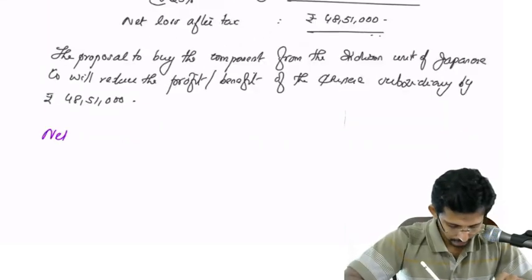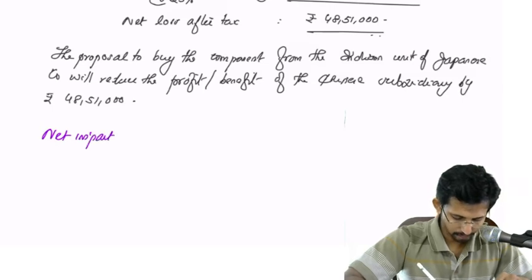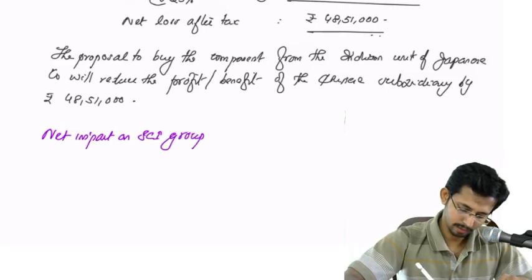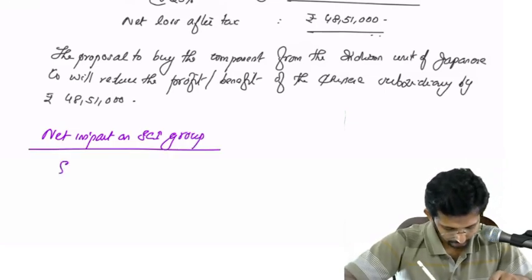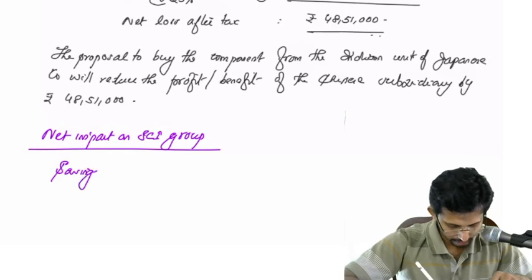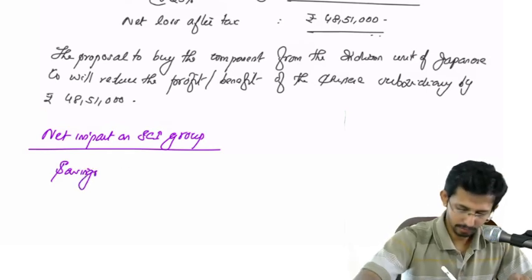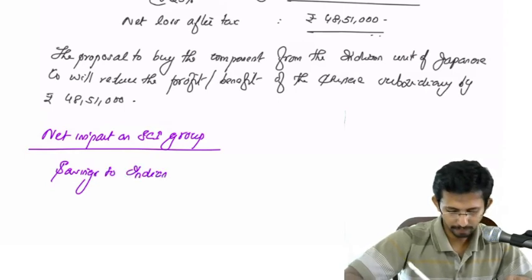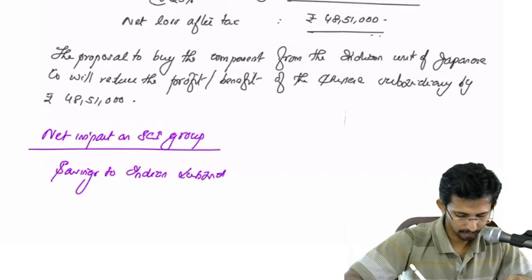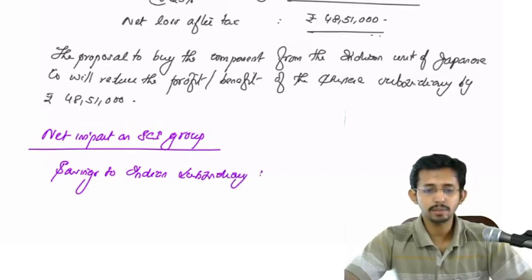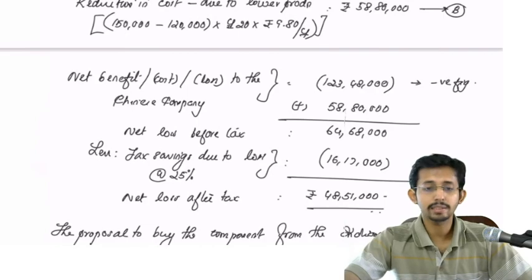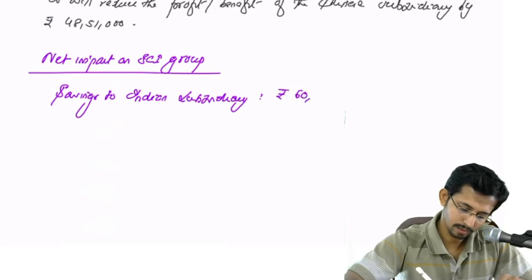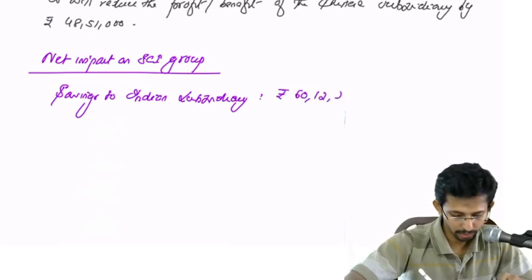Net impact on SCI group. Then savings to Indian subsidiary. What is the savings to Indian subsidiary? Indian subsidiary is saving 60 lakh 12,270.